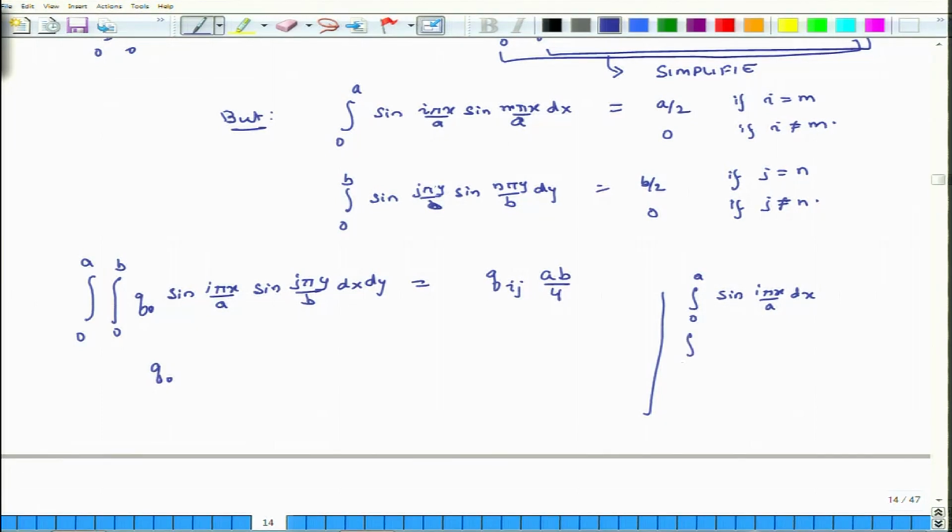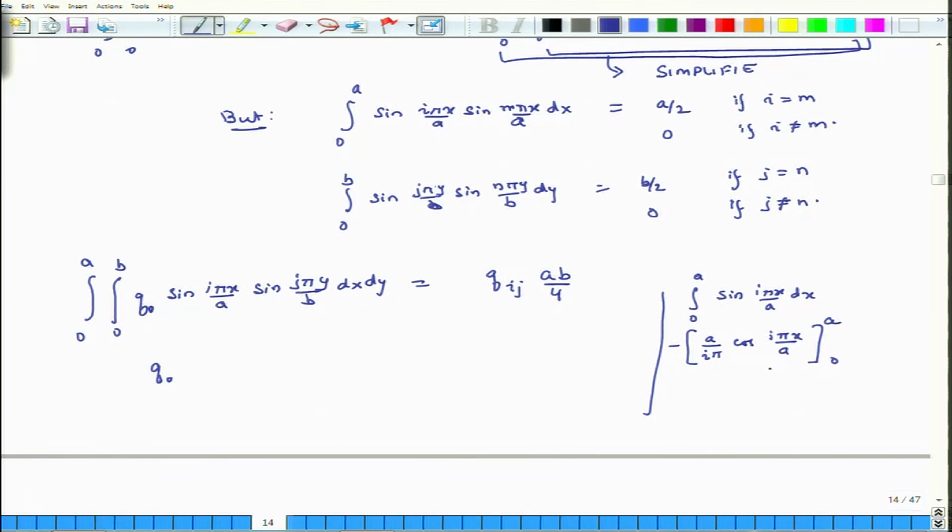It is equal to a over i pi, with a negative sign, cosine i pi x over a, evaluated between limits 0 and a.